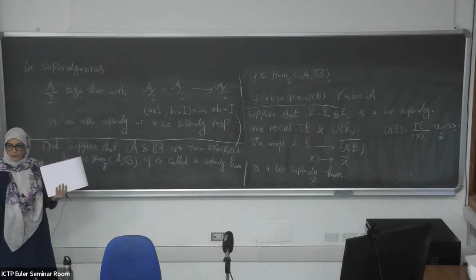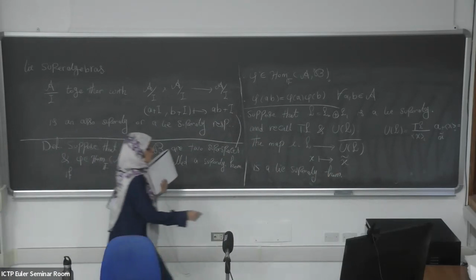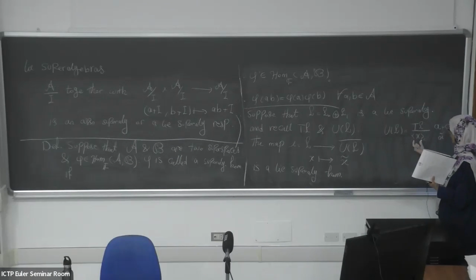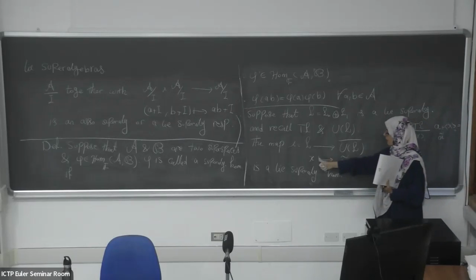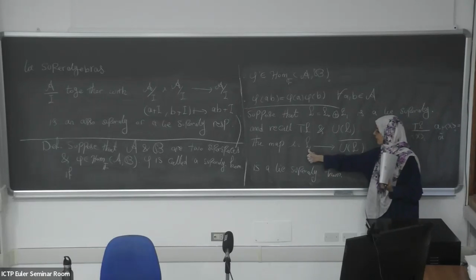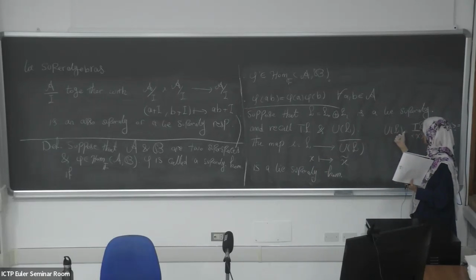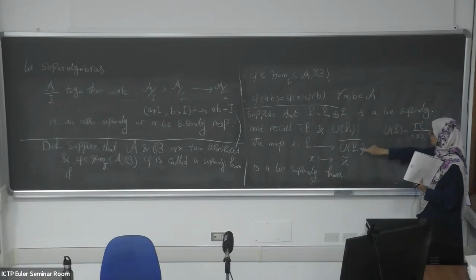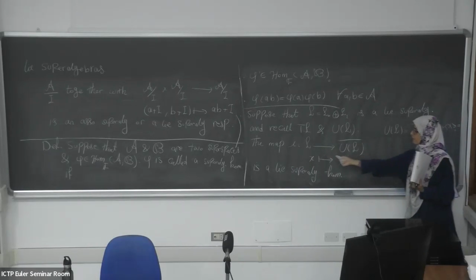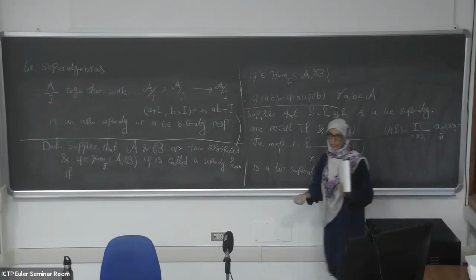Okay, it's clear. We have UL. UL is the quotient of TL over an ideal. For simplicity, I wrote A tilde instead of A plus I, and I just map X to X tilde, and it has meaning because L is a subset of TL, so for an element X, X tilde has meaning, okay?